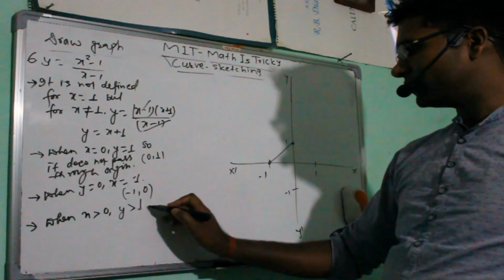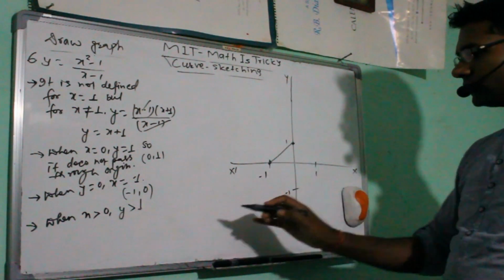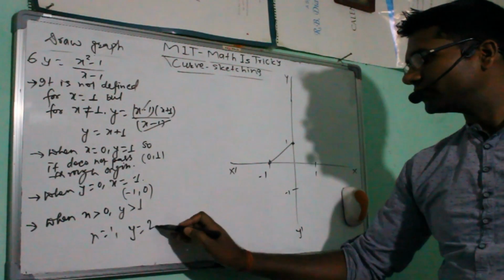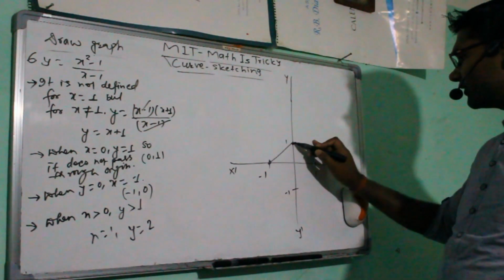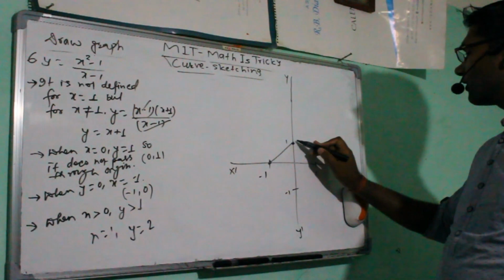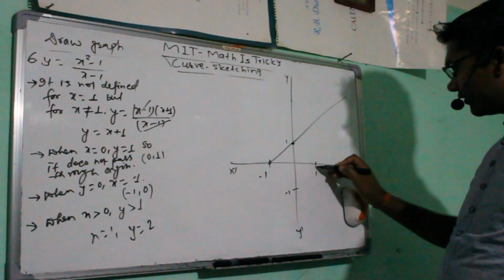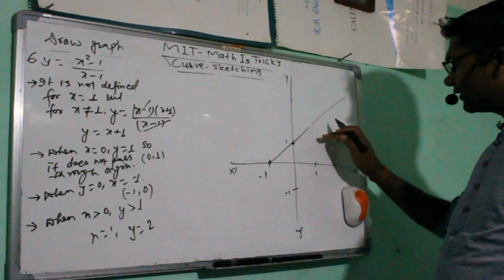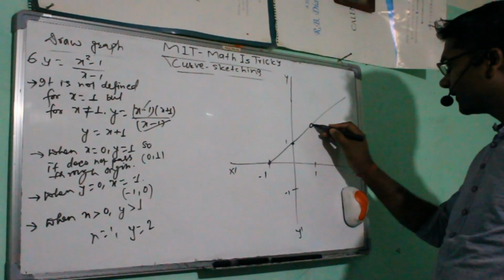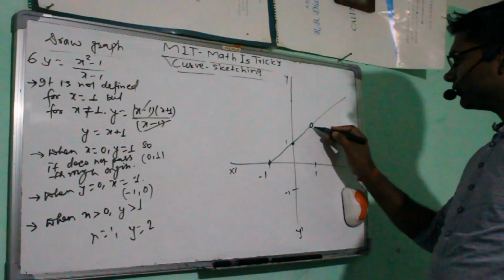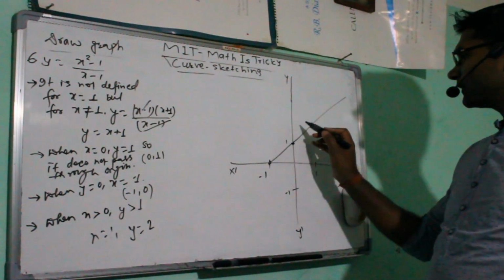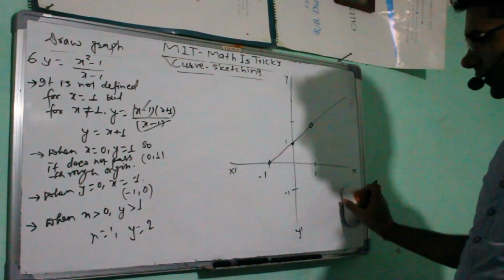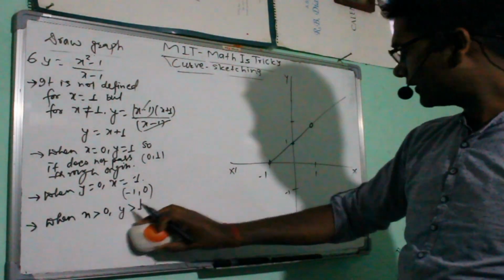For x equals 1, if you put here, y equals 2, so it is greater than 1, so more than 1, it will go upward. For 1 it is not defined, so we'll put here one open circle. So it will be going up.